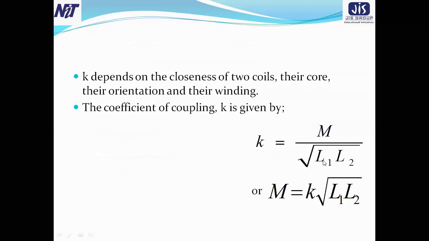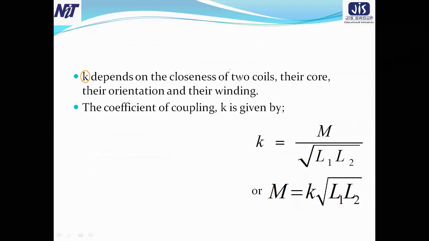Now, K always depends on the closeness of two coils, their core, their orientation, and their winding. What is the most important thing we have to consider? The value of K depends on which parameters of the coil?